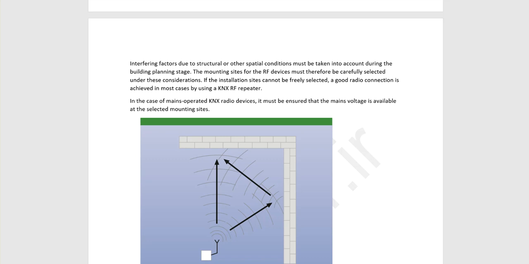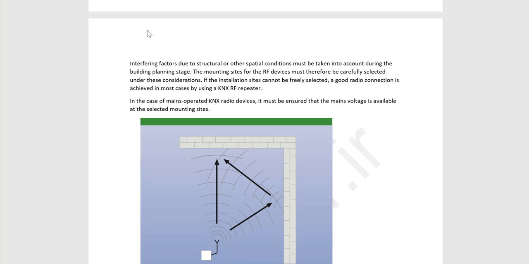The mounting site for the KNX RF devices must therefore be carefully selected. Under these considerations, if the installation site cannot be freely selected, a good radio connection is achieved in most cases by using a KNX RF repeater. So if you evaluate your project and think you may lose data during the transmission, you should use the repeater.